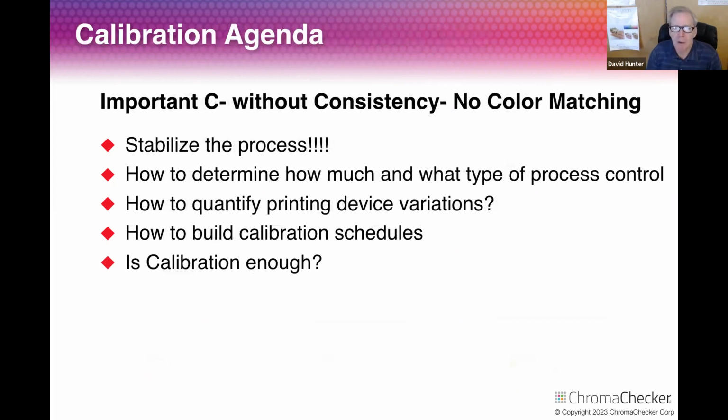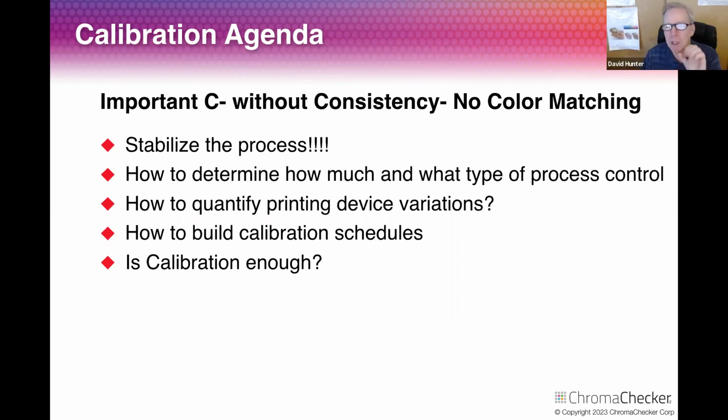So as we talk about the calibration aspect of color management, it's all about consistency, because without consistency, you're not going to match color. When we teach G7 courses to become a G7 expert, and everyone out there who's gone through a G7 expert class knows, we say stabilize the process.